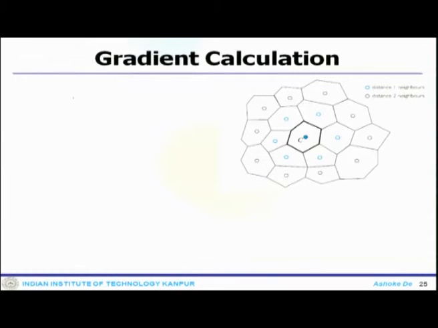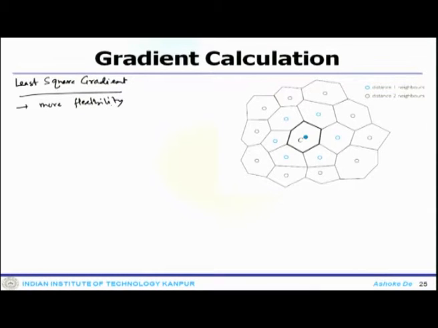Now, we can move to another option, that is the least square gradient calculation. This is another option, and the least square method actually offers more flexibility.